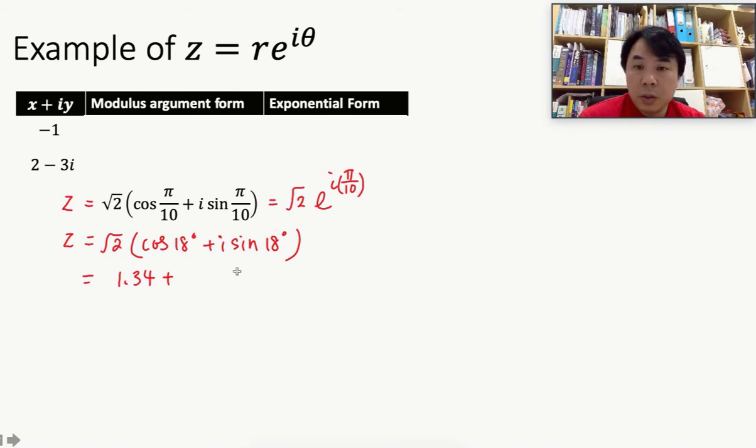Okay, just let me try to tabulate the other one. So sine 18, and then by a root 2 also. Right, now that will give me an I 0.437 here. Or if you like, you can write as 1.34 plus 0.44 I, if you want to standardize the decimal place.